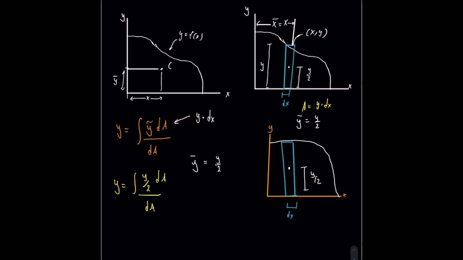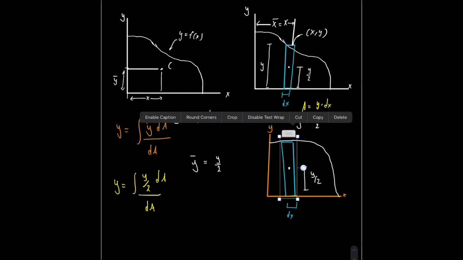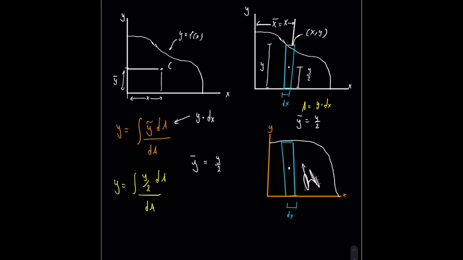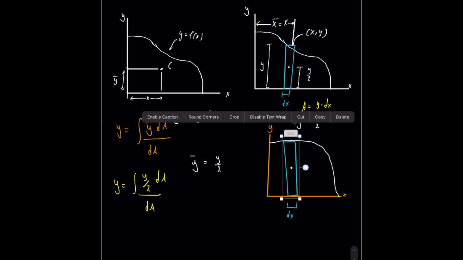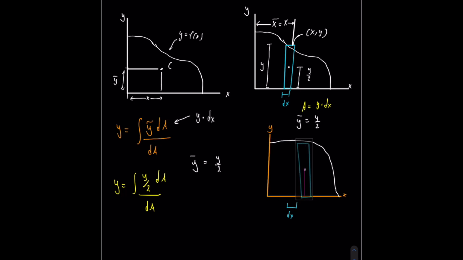This could be a little bit hard to understand, so I'm going to try to explain this as well as I can. Now, see this vertical strip here. It has a length dx. Now, notice how as I run this across the function, it's going to remain constant in the x direction.